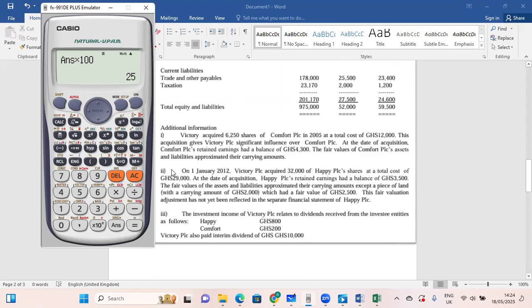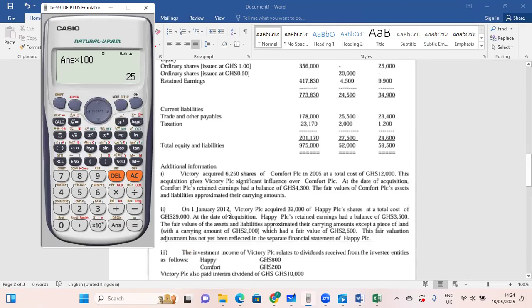And then the second one is saying that on 1st January 2012, Victory PLC acquired 32,000 shares of Happy PLC at a total cost of 29,000, right? So now they acquired what? 32,000 shares.